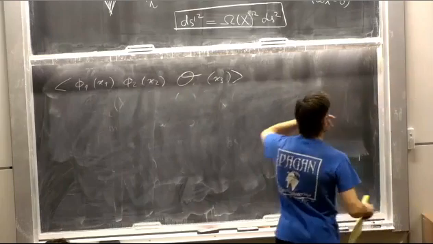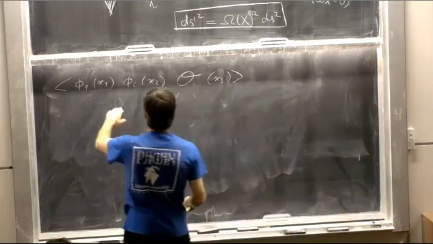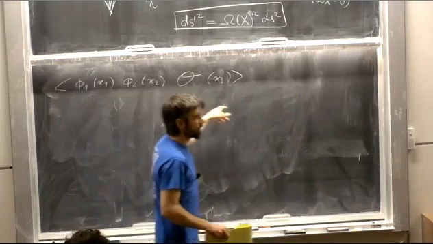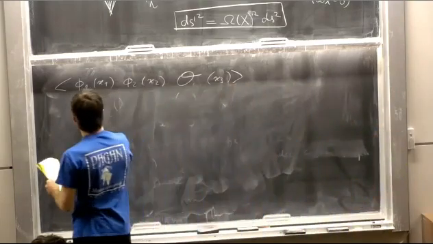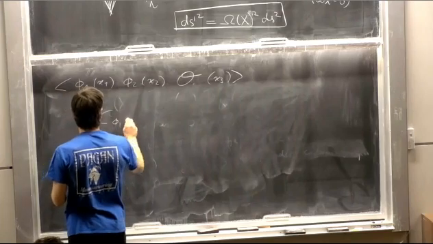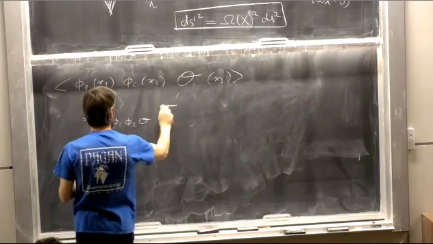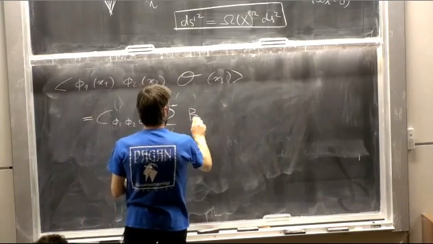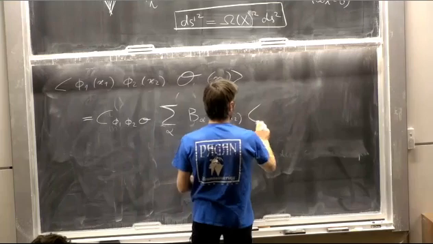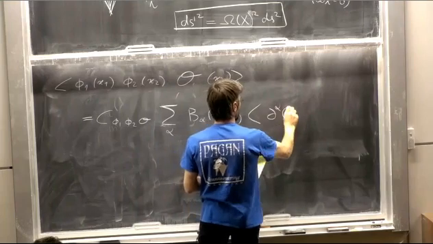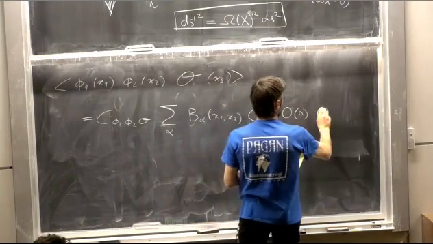It's given by the projection of that expression to the physical space. On the other hand, I can compute this 3-point function using the OPE, and it's going to be equal to C phi1 phi2 O, sum over alpha, B alpha of x1, x2, times D alpha O of 0, O of x3.